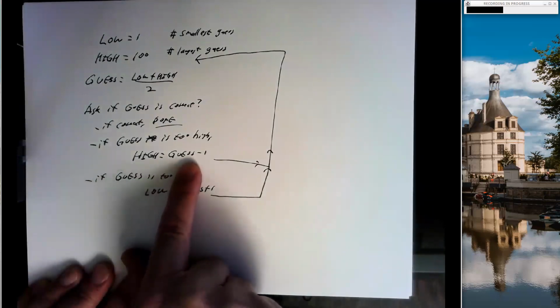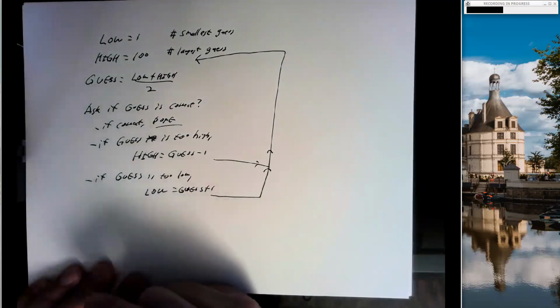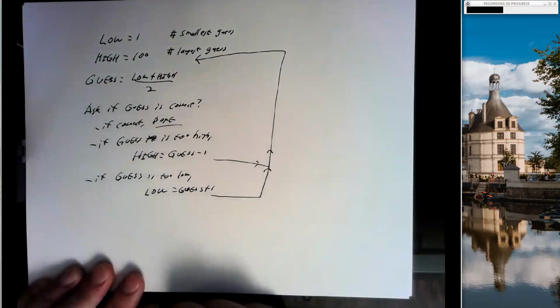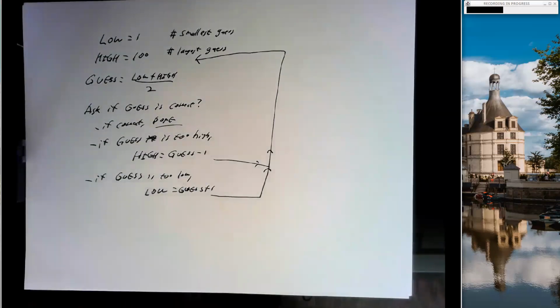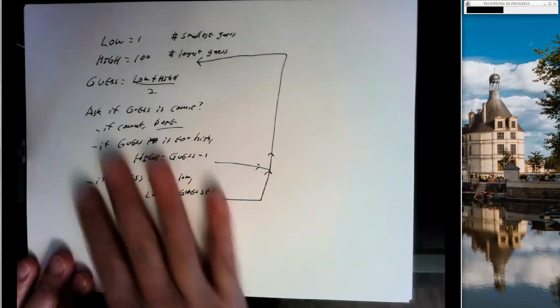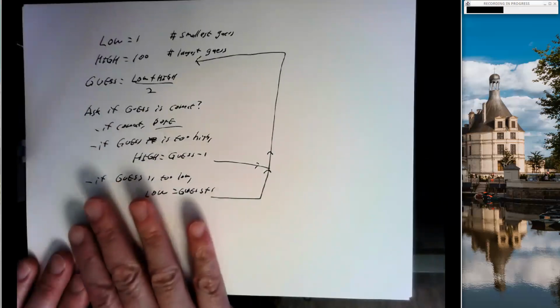The highest we could possibly work is guess -1. If the guess was too low, if they guessed 25 and I said that was low, we don't want to guess 25 again. The lowest we'd want to guess is 26. So we set low to guess +1. All right, so that's the basic gameplay. We'll talk about cheating next, but any questions about this?